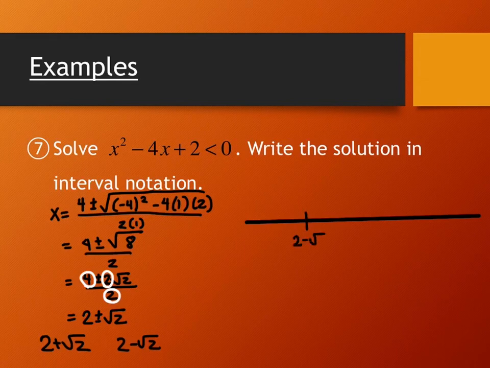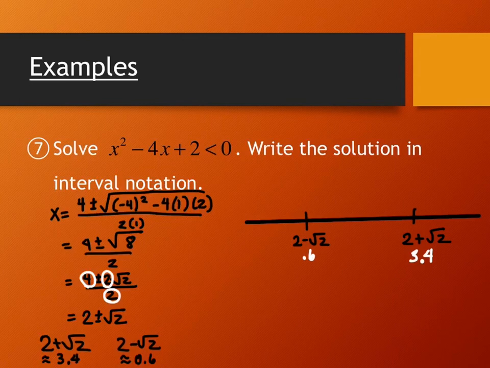So if I grab my calculator and get an approximation, 2 plus the square root of 2 is approximately 3.4, and 2 minus the square root of 2 is approximately 0.6. So they happen to both be positive values. If it helps you, you can put those on there: approximately 0.6 and approximately 3.4.